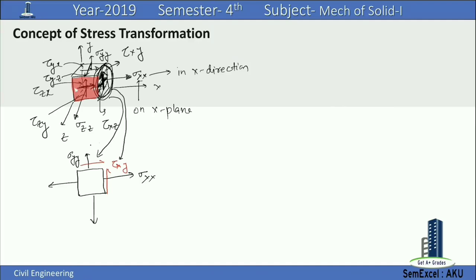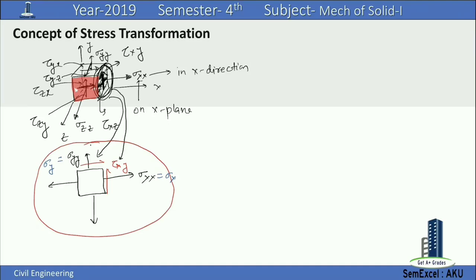So this is our required stress system. Sigma xx is sometimes represented as sigma x in the 2D system, and sigma yy we write simply as sigma y. These stresses are given with respect to the x and y axes.